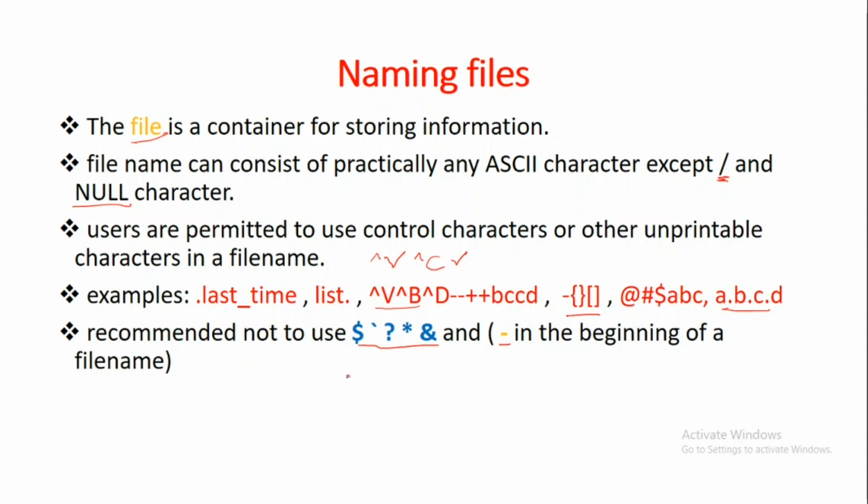For example, if I name my file -l, this is totally fine according to the privileges given in Unix to name a file, right? But now just assume I want to find the total number of lines present in this file, or the total number of words present in this file.